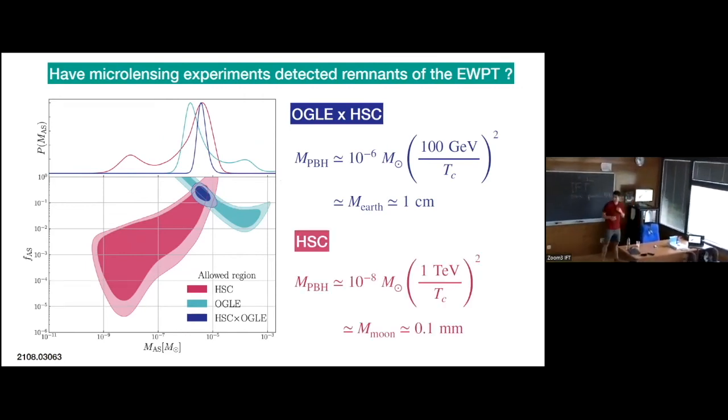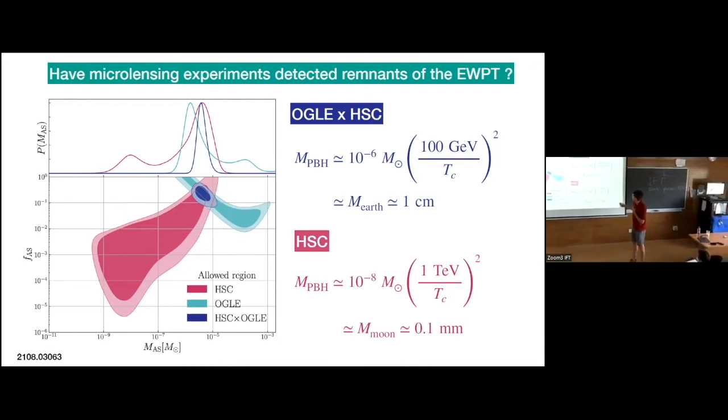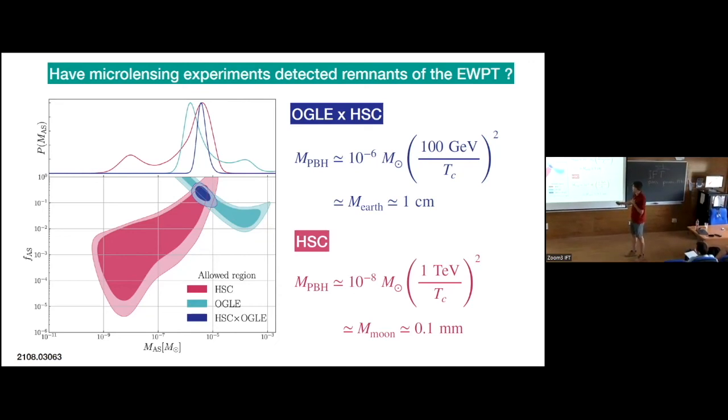OGLE and HSC, so these are two events. I think there are 2 events around 10 to the minus 6 and 1 around 10 to the minus 8. So this roughly corresponds to the mass of the Earth and the mass of the Moon, for a black hole horizon of 1 centimeter and 0.1 millimeter.